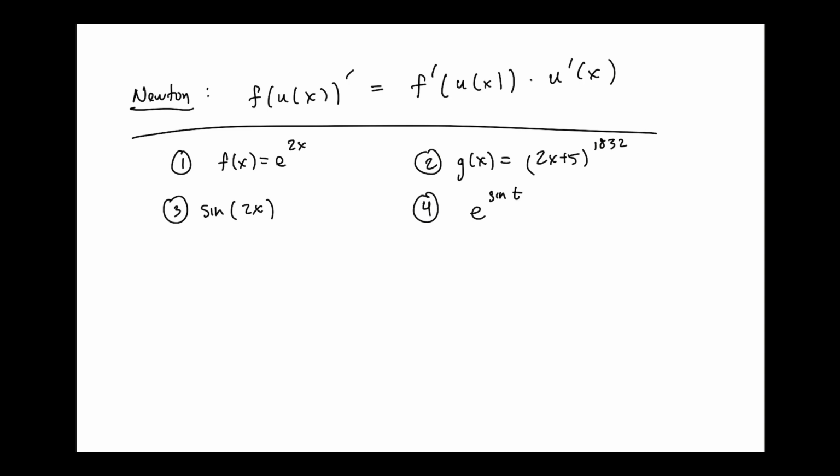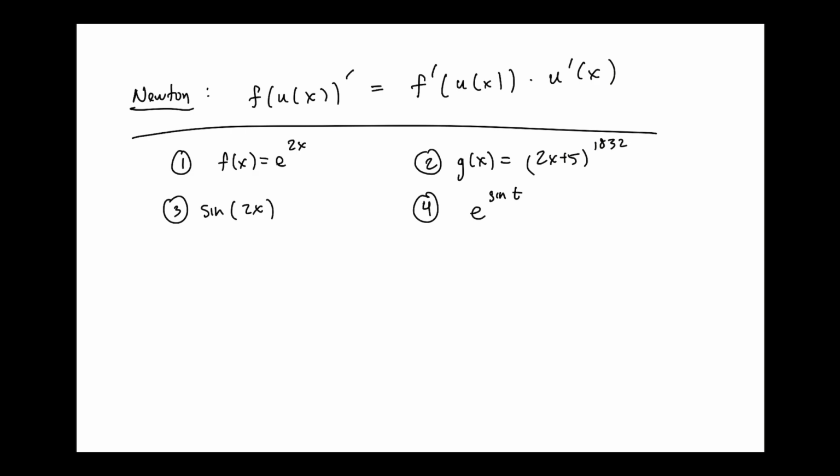Okay, so the first thing to identify here is, one thing that's different about these four versus the one we started with. In the one that we started with, I told you what F and what U were. In this case, you've got to choose U. Now, it probably is going to be pretty obvious, right? So for all of these, what's the function F in terms of U, and what's U in terms of X?